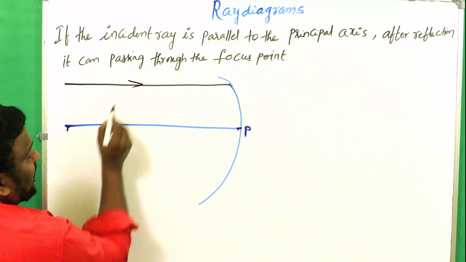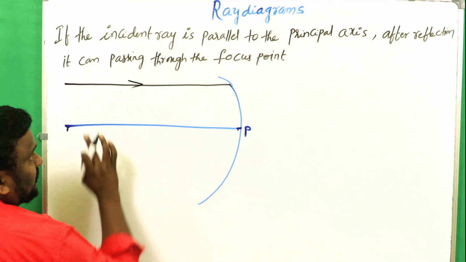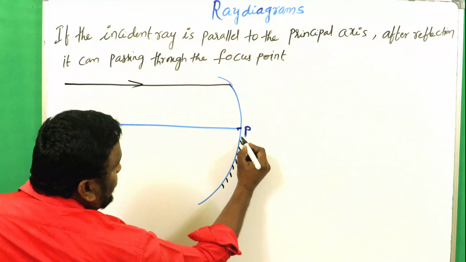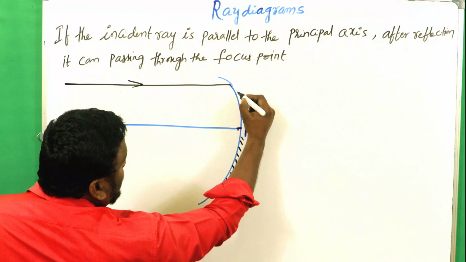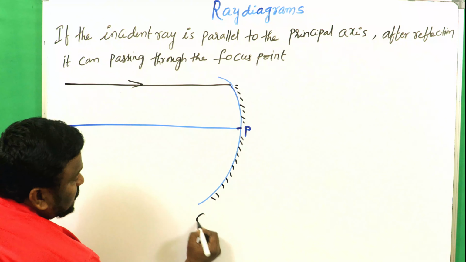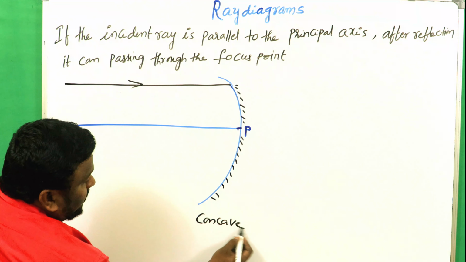Here the arrow mark indicates the direction of movement of the light ray. This is the non-reflecting surface. For a concave mirror, the non-reflecting surface is outward and the reflecting surface is inward. This is what a concave mirror is.